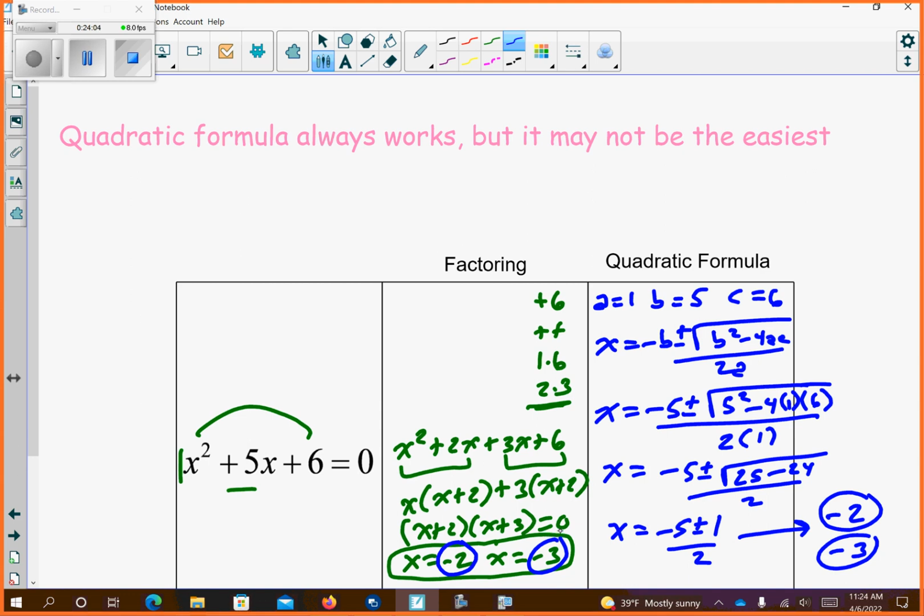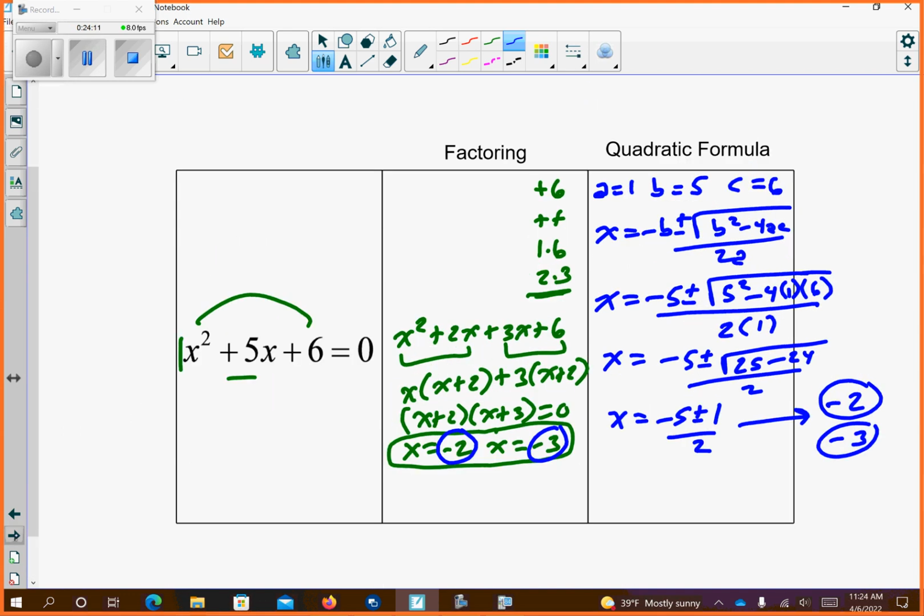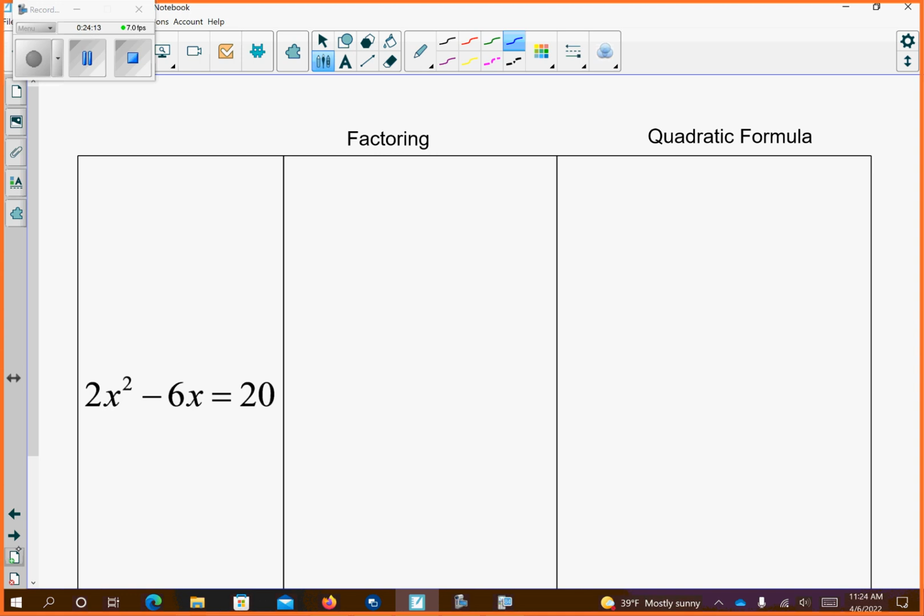So let's take a look at the next problem on our page. So I have this one. So it's things I have to do. I have to make sure it's equal to 0. You okay with that? Now, before I do anything else to this problem, let's go ahead and reduce it.